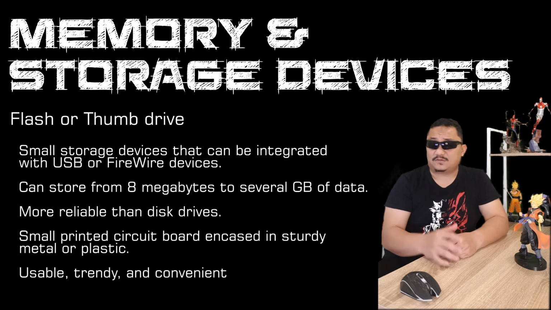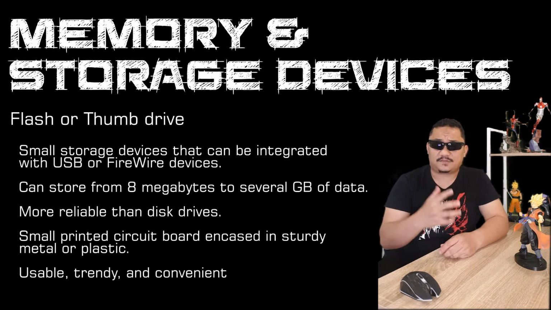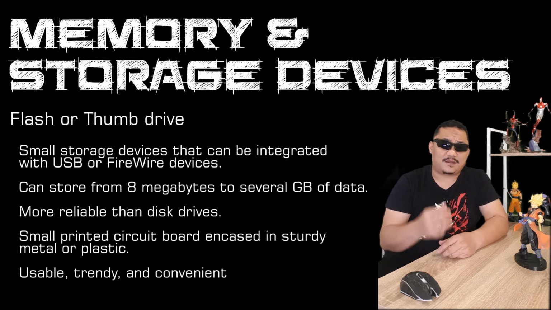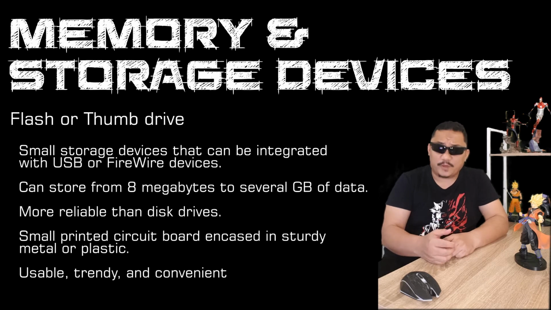It can store many gigabytes of data. I'm not sure what the currently highest number is, maybe 64 gig or 128 gig is the size of flash drive that can be found on the market nowadays. And it is more reliable than this drive.